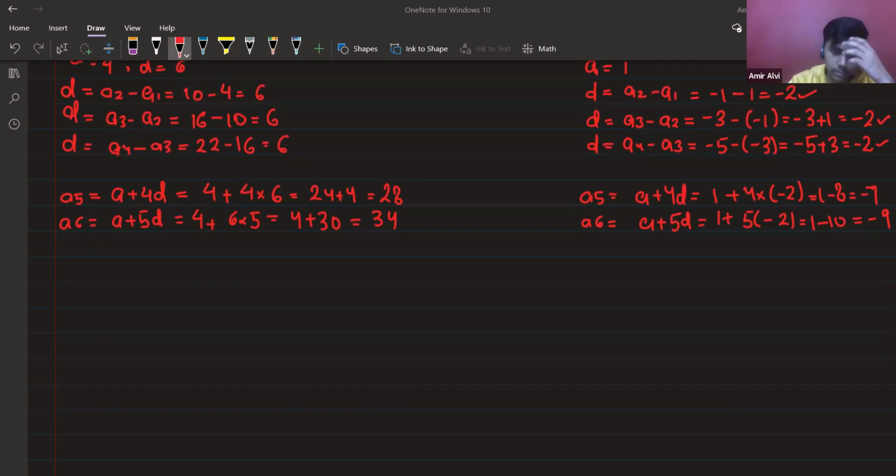Just a second. Let me take one example, and you have to form an AP of it. That's a question from the NCERT exercise itself. You have to form a kind of AP.